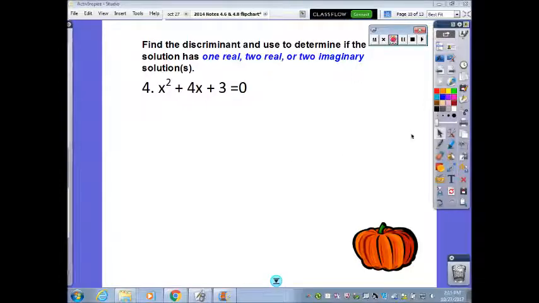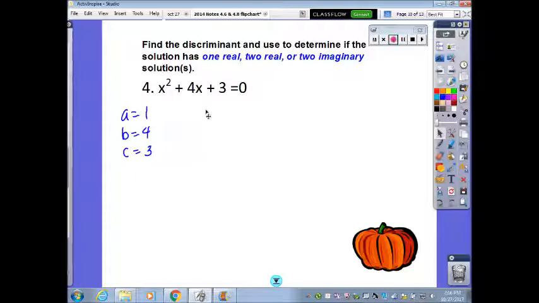Alright, let's put this to use. Let's find the discriminant and use it to determine if the equation has 1 real, 2 real, or 2 imaginary solutions. First we've got to make sure that our equation is in standard form, which it is. So you need to pick out your A, which is 1, your B, which is 4, and your C, which is 3.